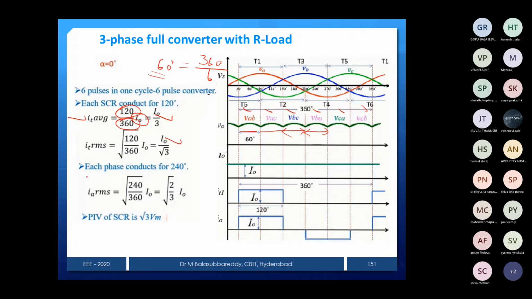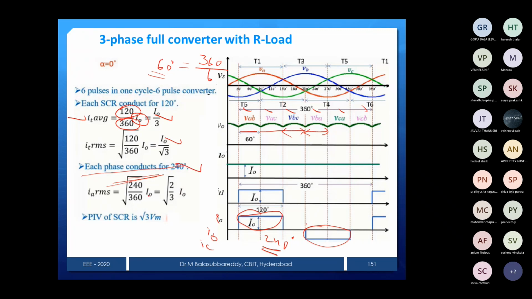And we can see the other one, each phase conduction. Each phase means this one, whether it is IA or IB or IC. For each phase, how many degrees is it conducting? Here it is 120 degrees, and this portion is 120 degrees, totally 240 degrees. Each phase is conducting for 240 degrees.